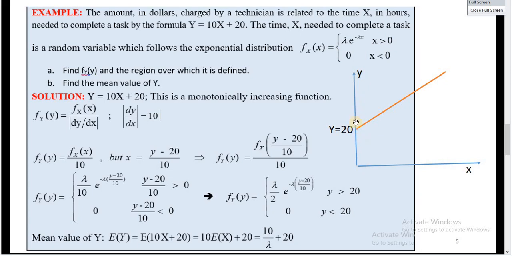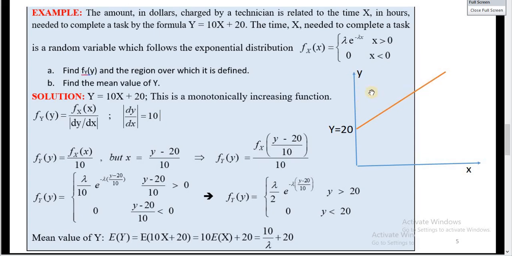However, the random variable y changes between 20 and infinity. The minimum value of y is 20, and this happens when x is 0. So this is the region over which the new density function of y is to be defined, from 20 to infinity.